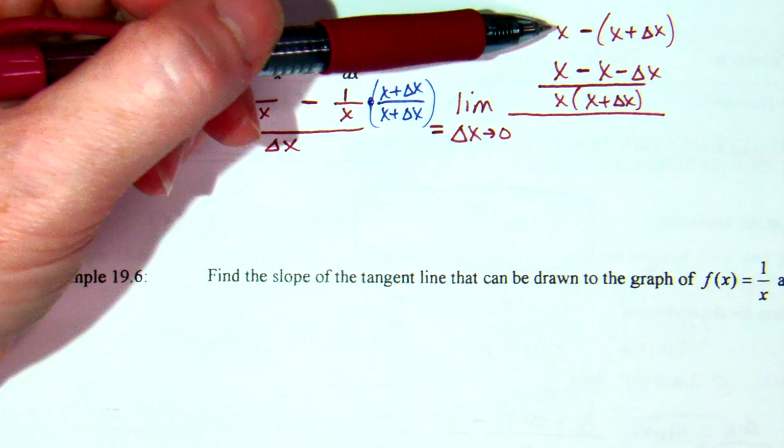So you can either write it as x minus the x plus delta x, or just go ahead and distribute that subtraction. And this was supposed to all be over delta x, right? Okay, what cleans up?